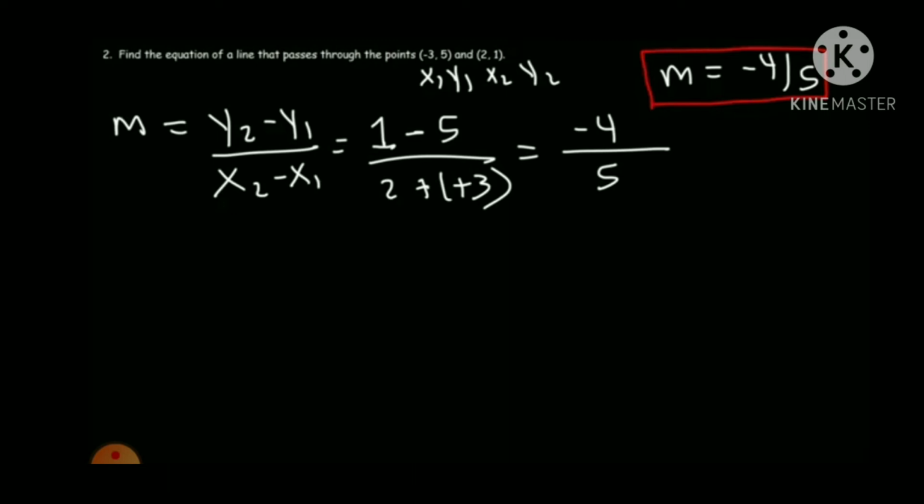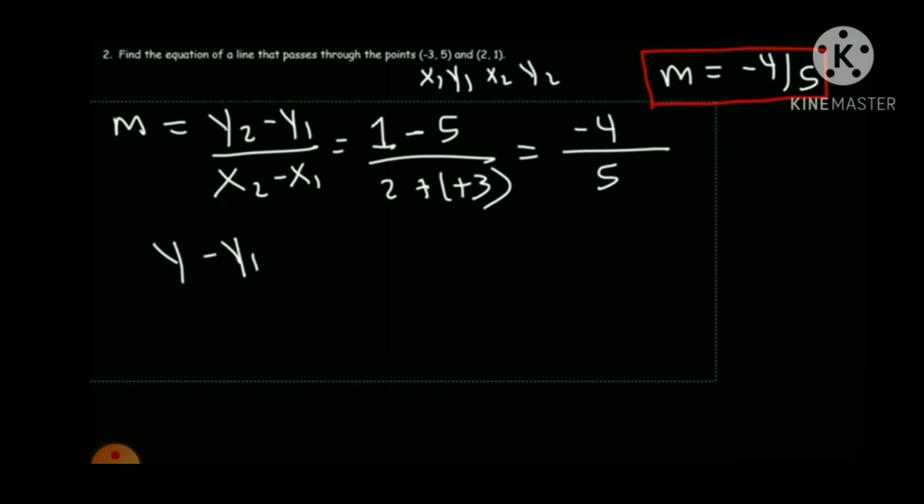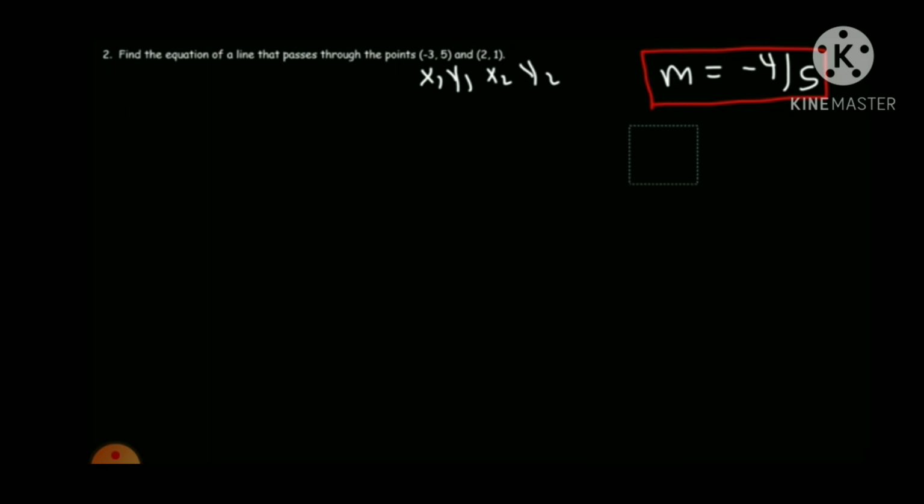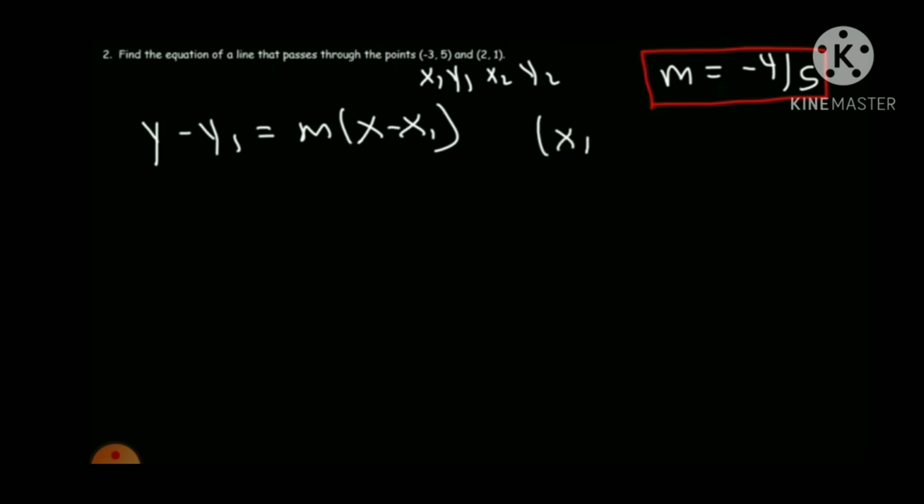Now the next step is to use the point slope formula. Let's clear away this before we begin. Now let's use the point negative 3, 5 for x1 and y1.